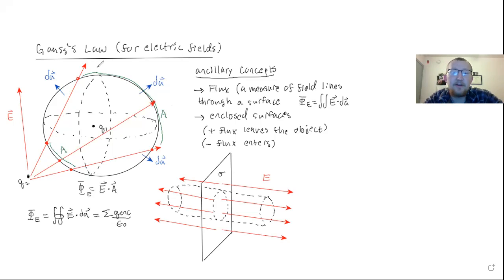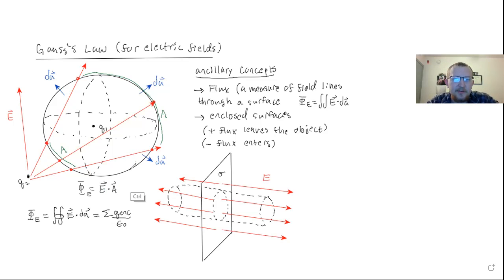So even though the E field strength is weaker on this side of the surface, there is greater area. And so even though E goes down, A goes up. And so there's a compensation there.